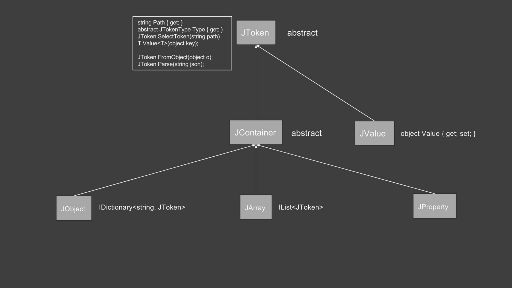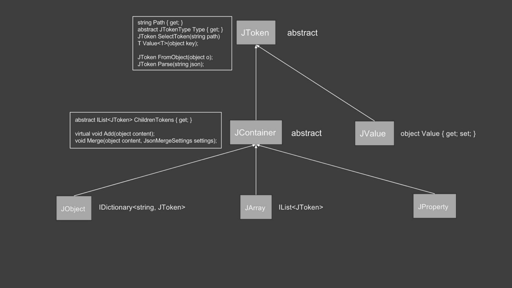Our next class is JValue, seen on the right. It inherits JToken and mainly adds the Value property of type object. The JContainer abstract class, if you recall from our previous slide, represents a token that holds other JTokens, opposite to the JValue class we just saw that represents a leaf in the JSON tree.